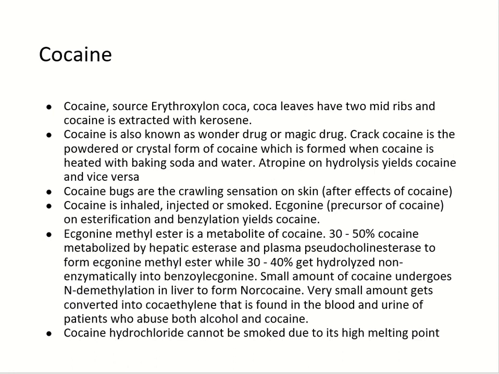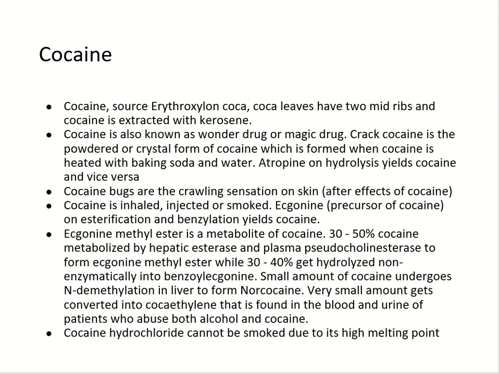Atropine on hydrolysis yields ecgonine, and cocaine on hydrolysis yields ecgonine, vice versa. Cocaine bugs are the crawling sensation on the skin. These are the after effects of cocaine, as if some insect is there on the skin.